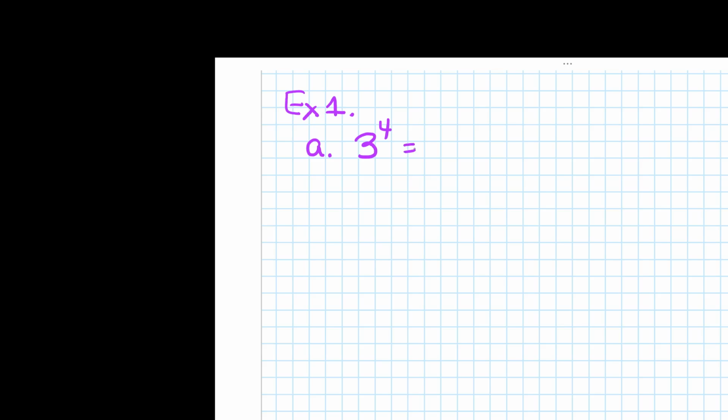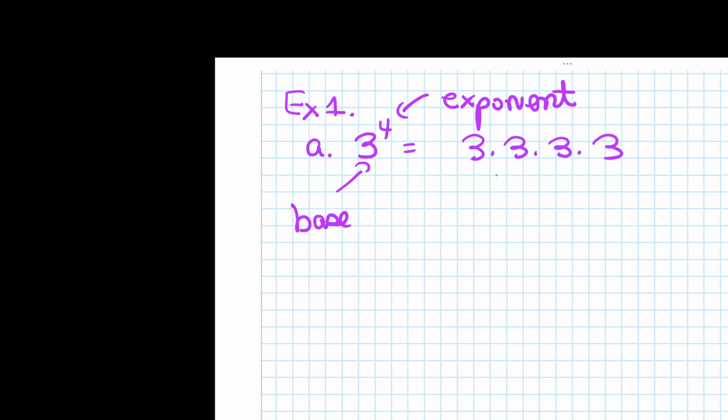Technically, what that means is 3 is our base, 4 is our exponent. The exponent tells you how many times to multiply the base times itself. So this would be 3 times 3 times 3 times 3, or 9 times 9, or 81.